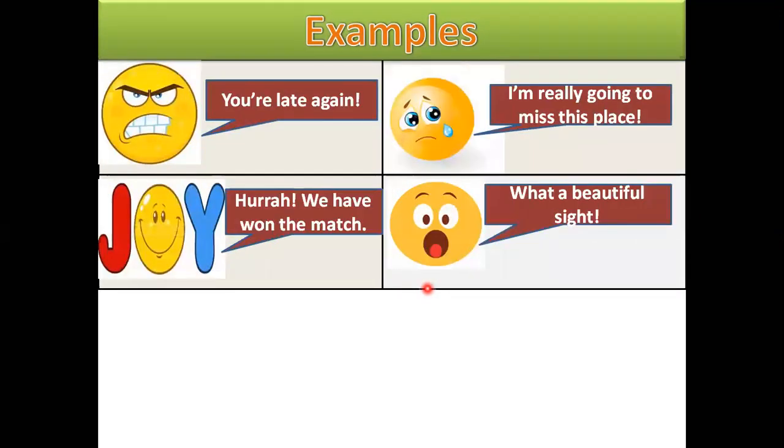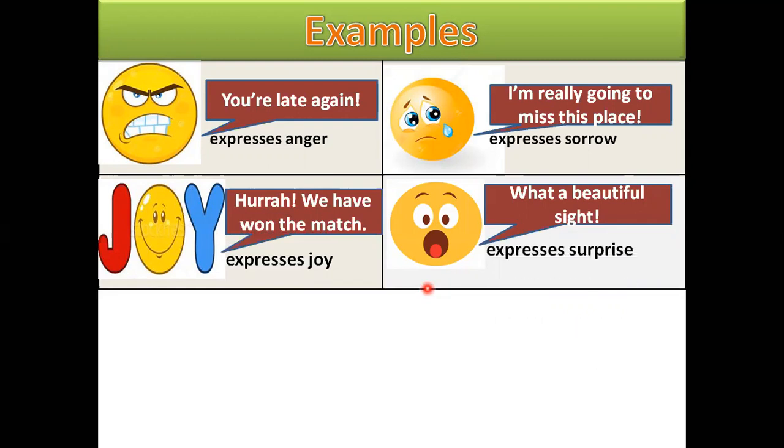Let's go ahead. So in front of yourselves, you can see some examples. Can you guess what these expressions are of? Yes, the first one expresses anger, second one expresses sorrow, third one expresses joy, whereas the fourth one expresses surprise. What do we call these kind of sentences?